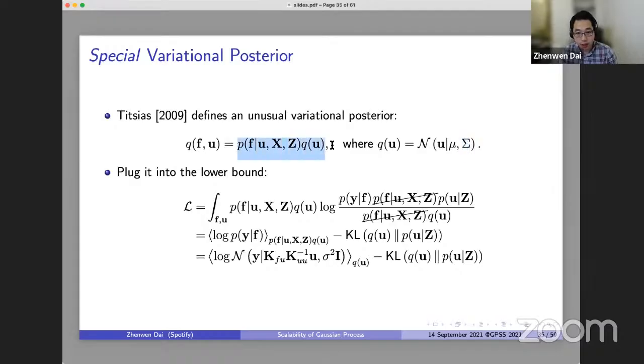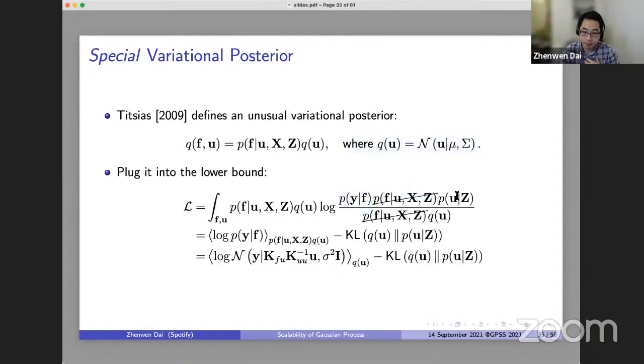Why is this formulation special? If we plug this formulation into the previous lower bound, in front of the log and in the denominator inside the log, we immediately notice that the P of F given U appears both in the numerator and the denominator, so they cancel each other out. Then let's rearrange the log. We separate the P of Y given F out.